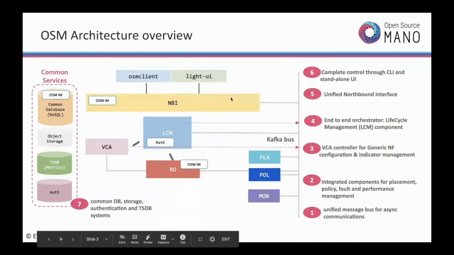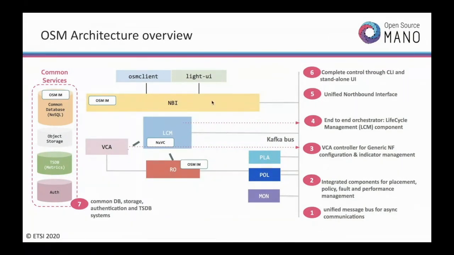For example, you want to instantiate a VNF or get a metric from the system or something like that, and the NBI component, which is the one that exposes the API, can leave that message on the bus, and the components subscribe to that message or to that topic, because the messages in a bus are organized in topics, take action and deliver a response.